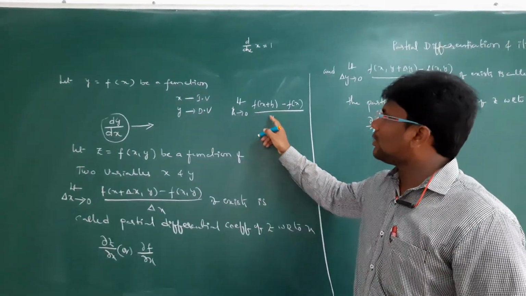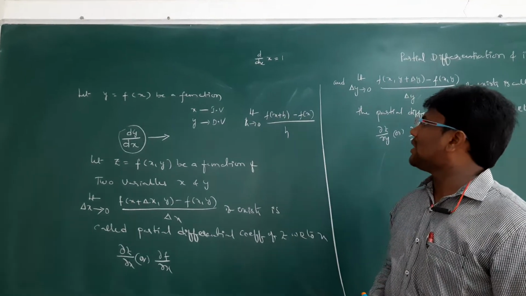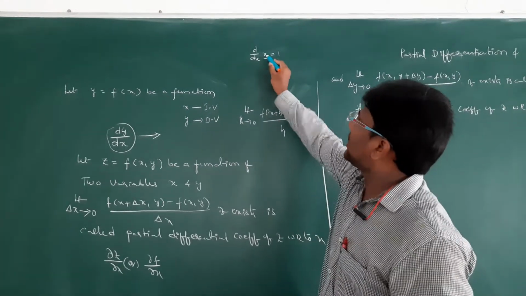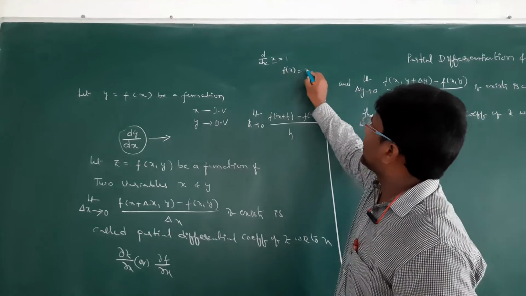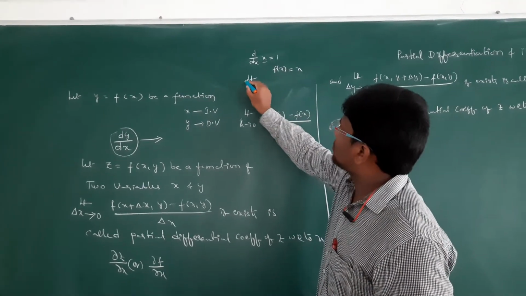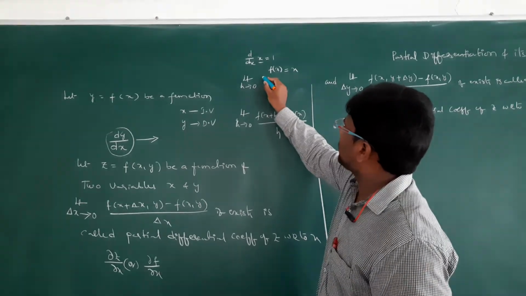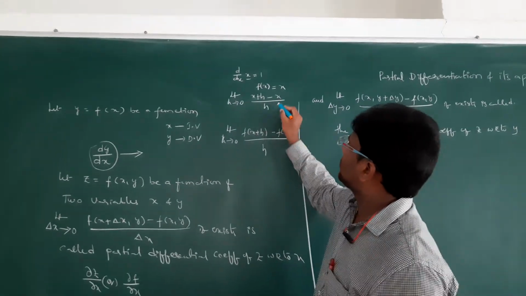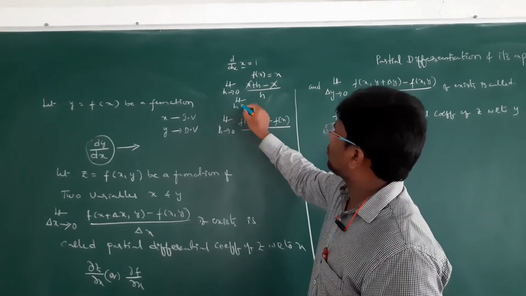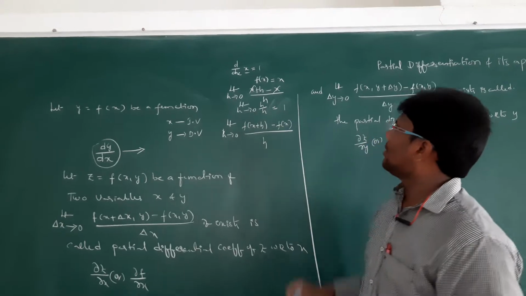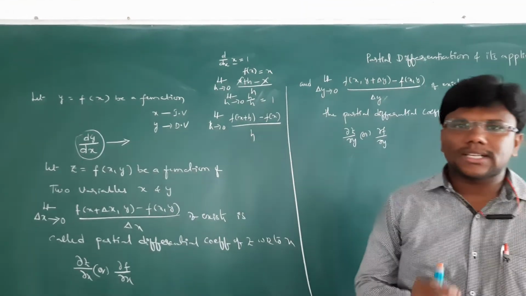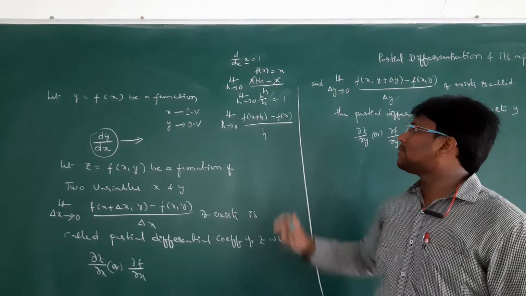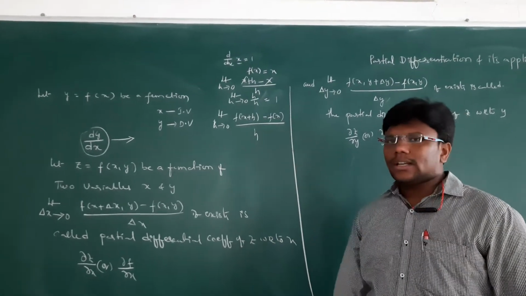By using the basic formula, limit h tends to 0, f of x plus h minus f of x by h. Take f of x is equal to x. In place of x, f of x plus h is x plus h, minus f of x, which is x, by h. Here x gets cancelled, limit h tends to 0, h by h, that is equal to 1. Therefore, d by dx of x is equal to 1. By using this formula, we derive all the formulas.